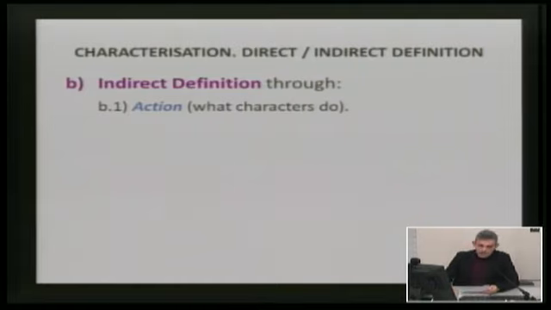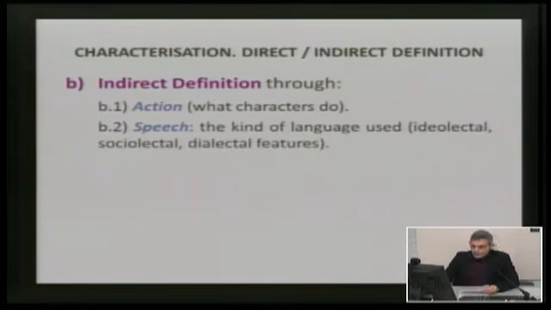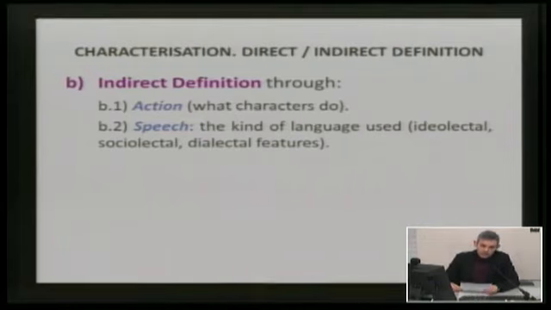Indirect definition through speech, and this is essentially the kind of language used by characters, including idiolectal, sociolectal, dialectal features. So here we would be considering the style, how characters talk, turns of phrase, accents, etc. Let us consider the other Bennet sisters.